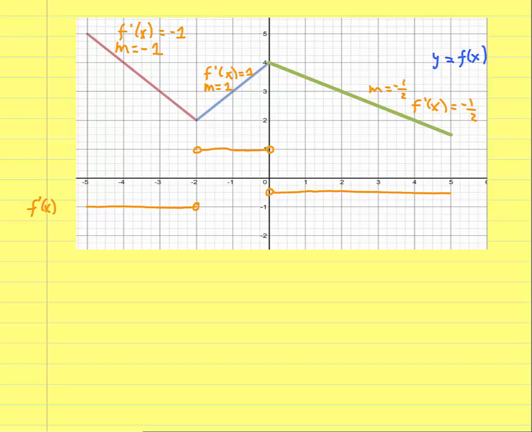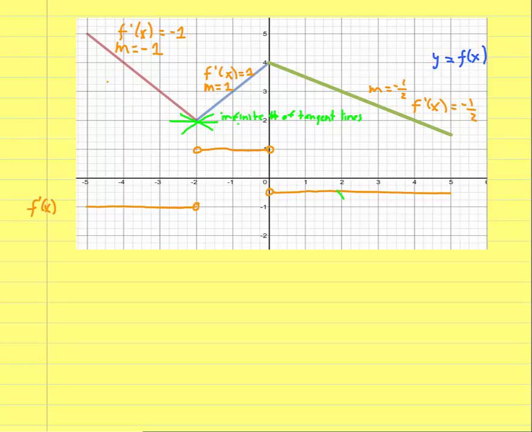So now why do I have these hollow points? Well, if I start thinking about the tangent line at this point, it looks like this could be a tangent, looks like this could be as well. So there's an infinite number of tangent lines at a sharp point. Now this also happens at a cusp in a graph.